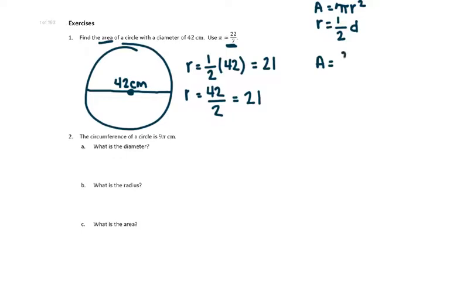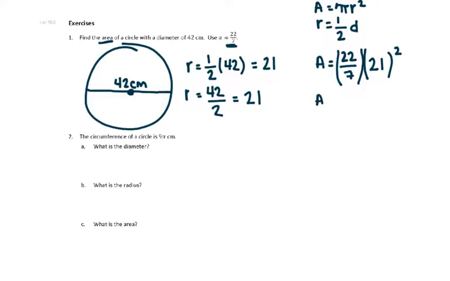Now they told us that we're going to use 22/7 in place of pi. So I'm going to plug 22/7 in place of pi, and multiply that by my radius, which is 21, and I need to square that radius. So simply, the equation that I'm going to use is 22/7 times 21 squared.